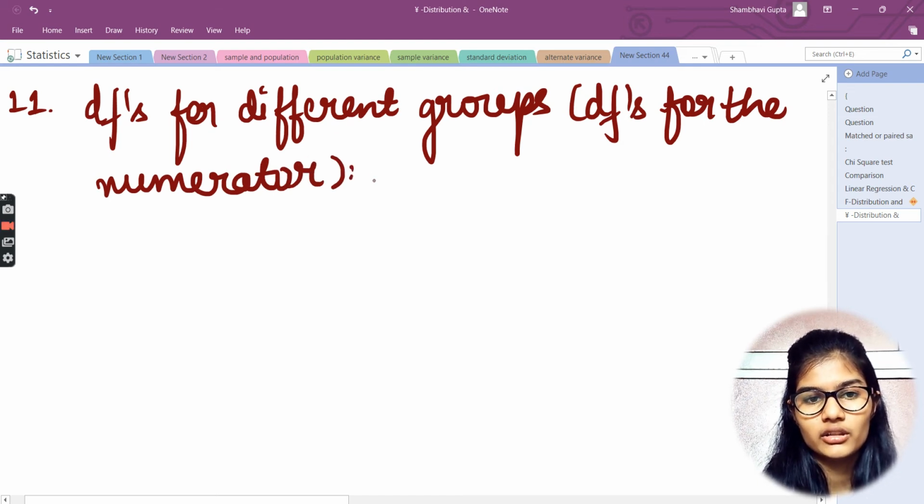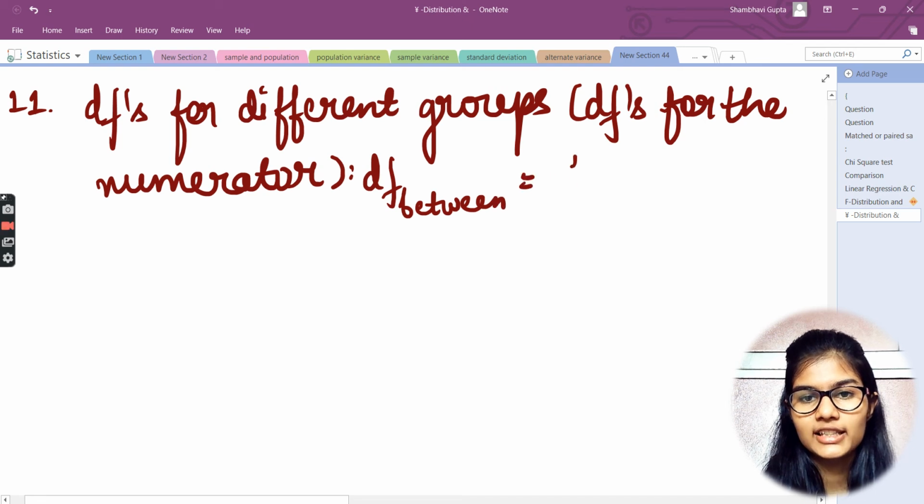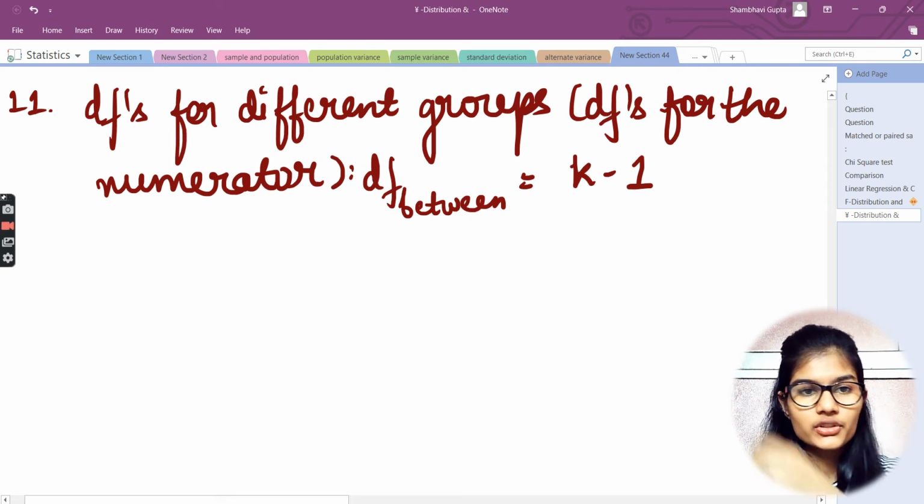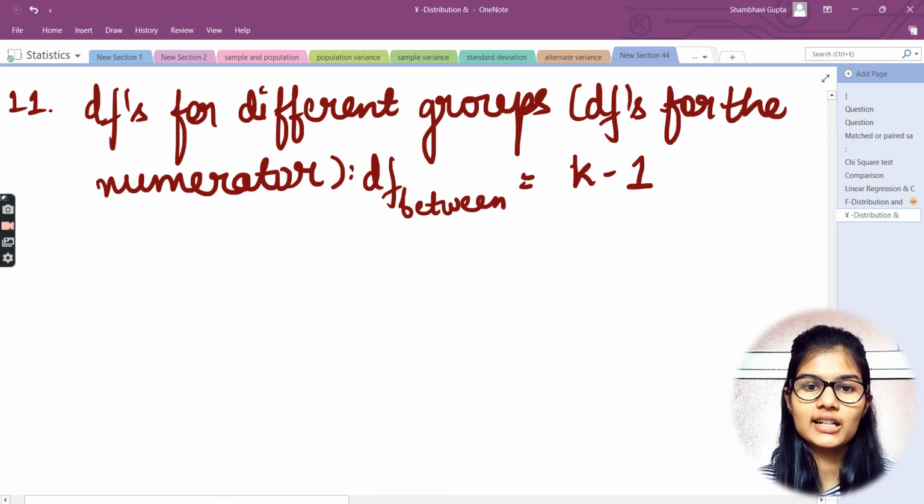Here goes DF, not F in the denominator, DF like this, and between. So DF between is equal to K minus 1. Hope I am clear with this. First of all, for the DFs of different groups, the formula is DF between equal to K minus 1.